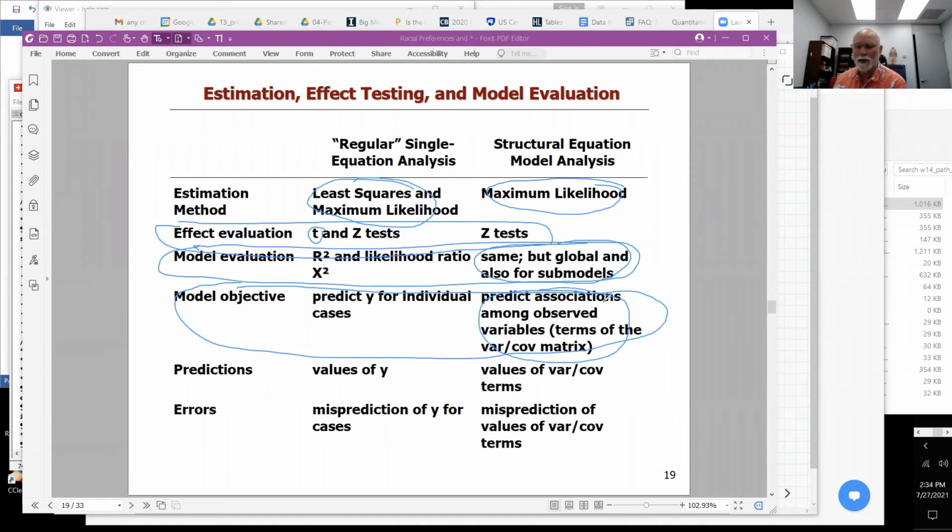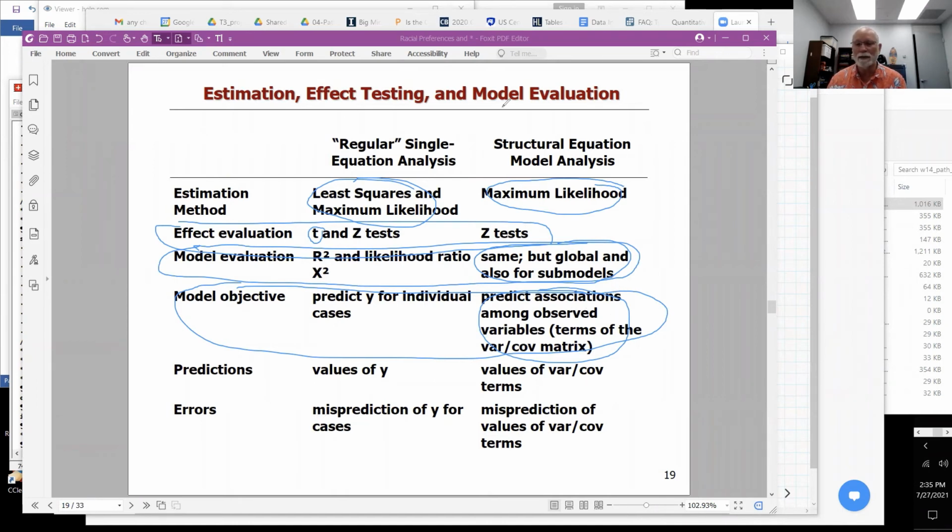And if your modeling is successful, you will be able to reproduce all of the terms in the variance covariance matrix from your knowledge of the relationships in the measurement models and in the structural models.